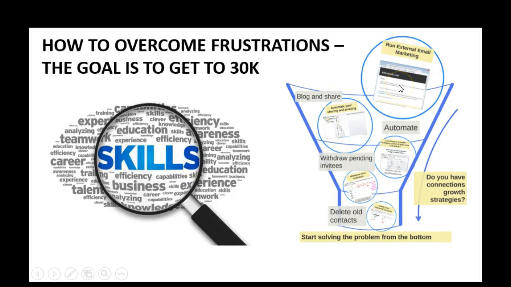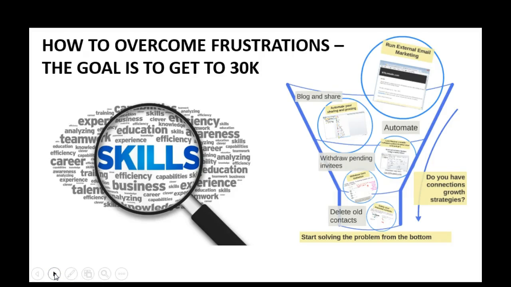This is the fastest. I have not started this, but I have already put a system in place. I will show you some of the tests I have done. So these are ways you can increase your LinkedIn connections, and within a few months, at most 12 months, you will get to 30,000. It is not something you cannot achieve.